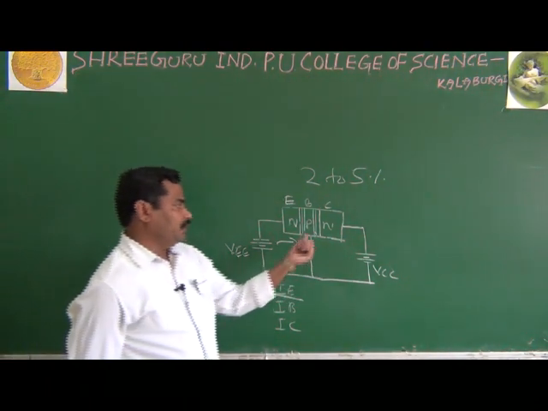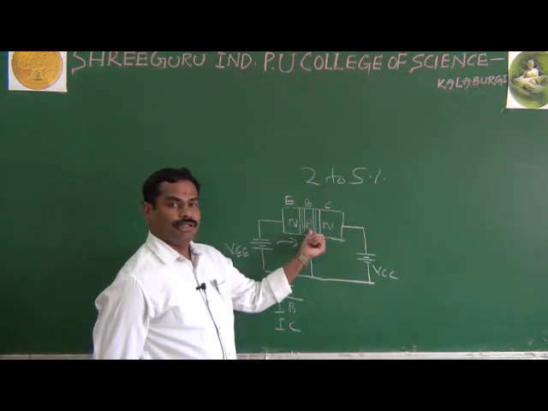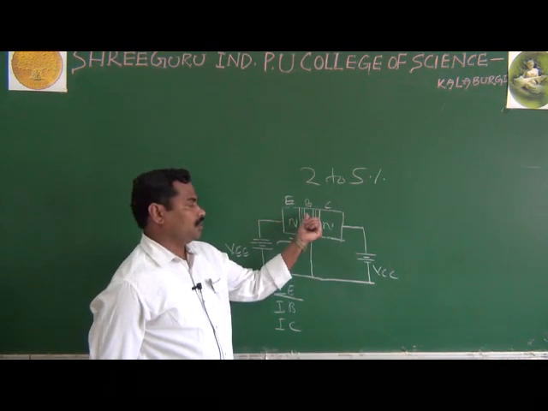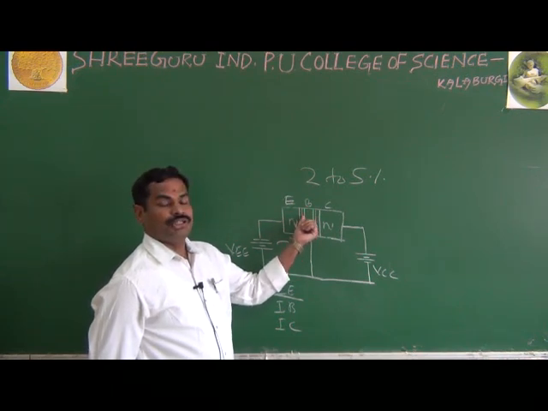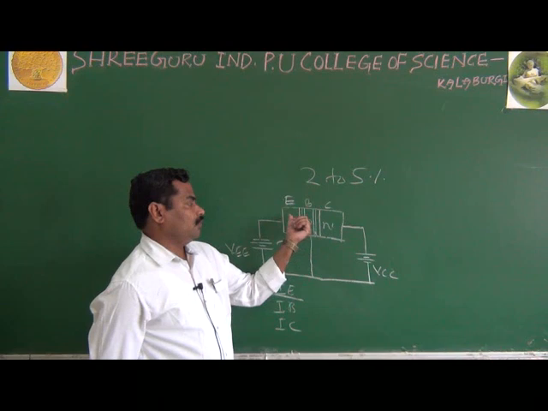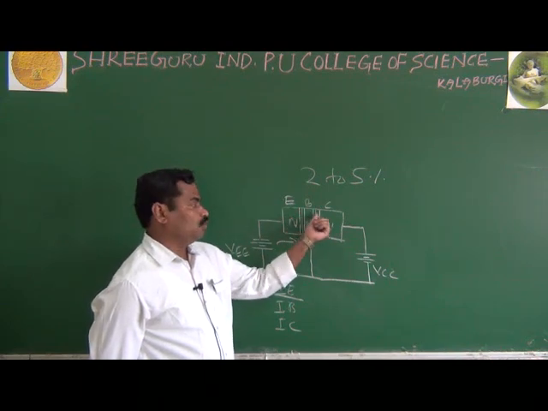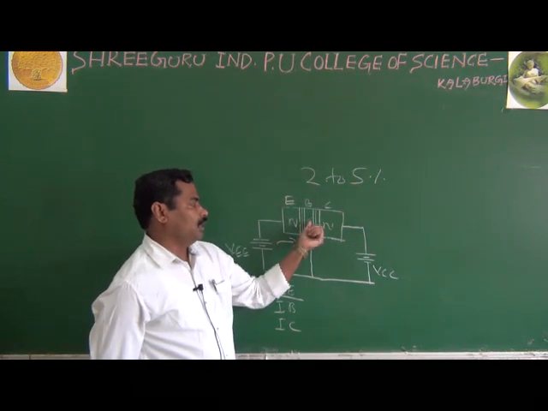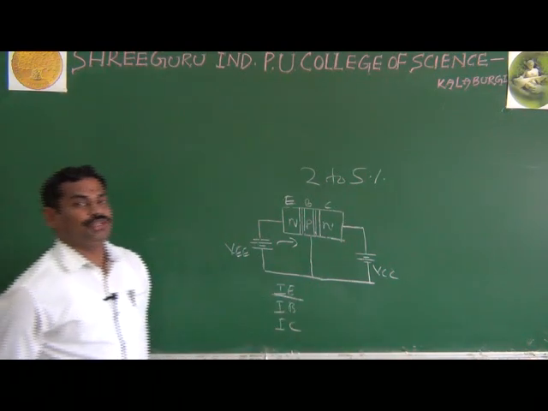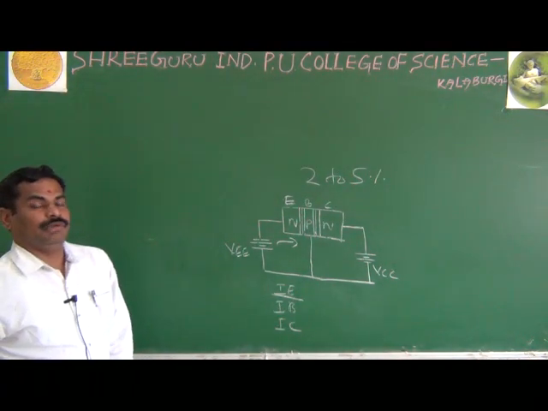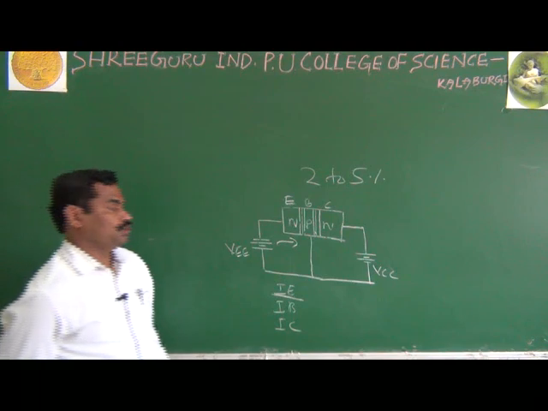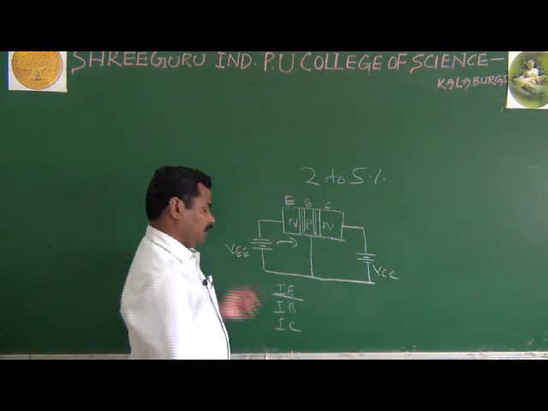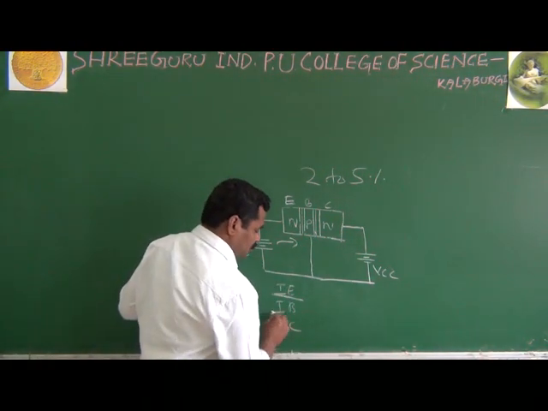In the P region you have a large number of holes, that is, the majority carriers are holes. Whenever the electrons recombine, they give some current. That current is nothing but the IB, your base current.